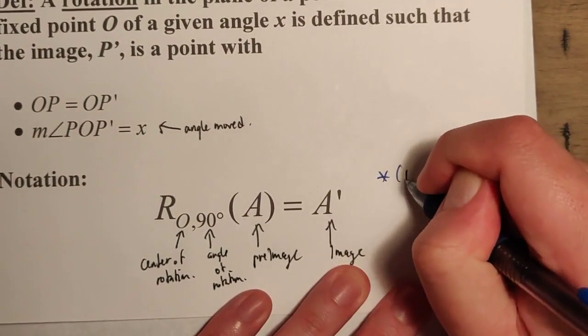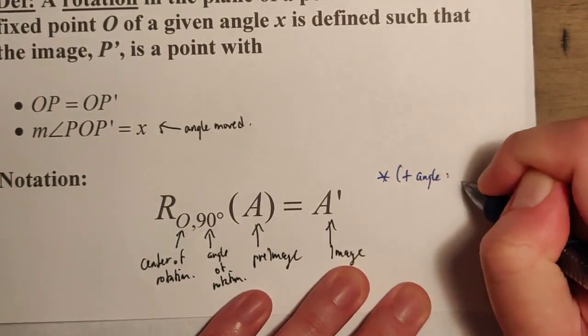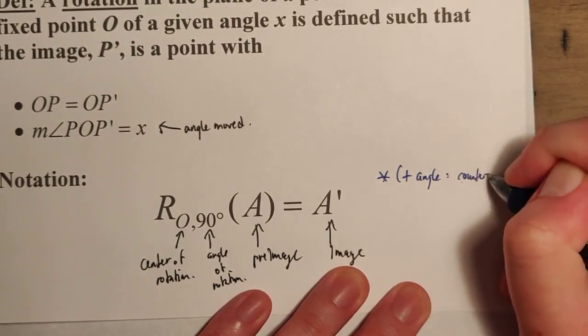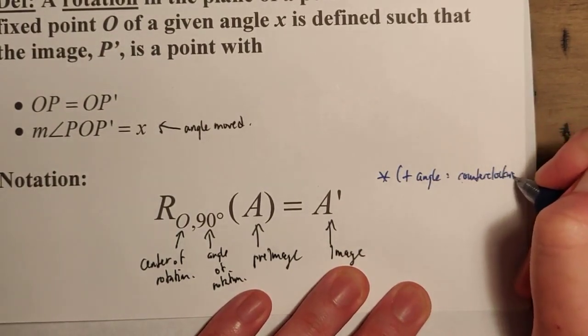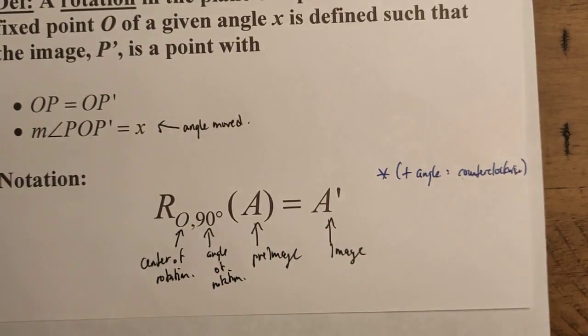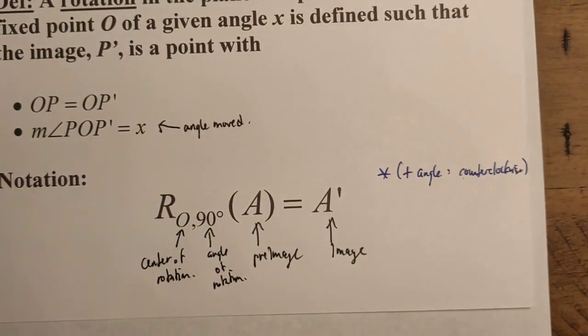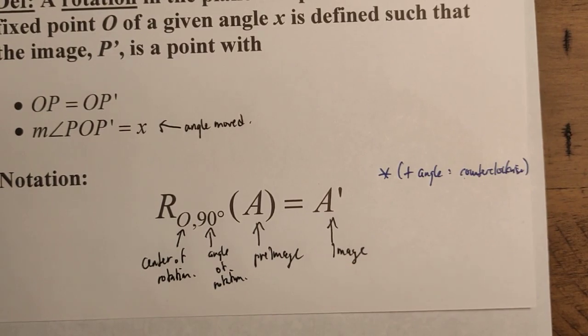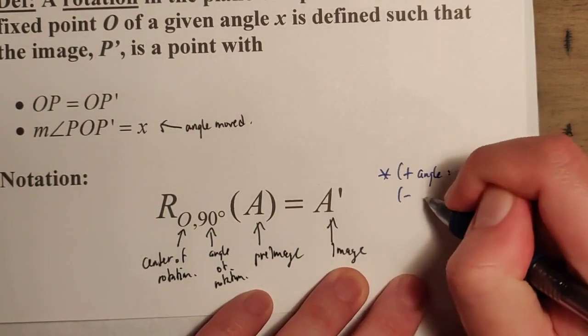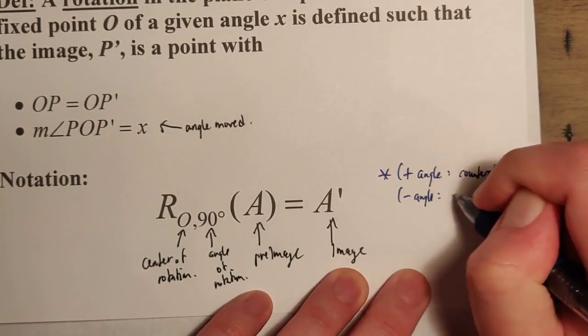When you have a positive angle, that's counterclockwise. It seems counterintuitive that a positive angle means counterclockwise, but my guess is that somebody just decided we're going to use positive angles as counterclockwise, and no one really questioned it. Conversely, a negative angle is going to be clockwise.